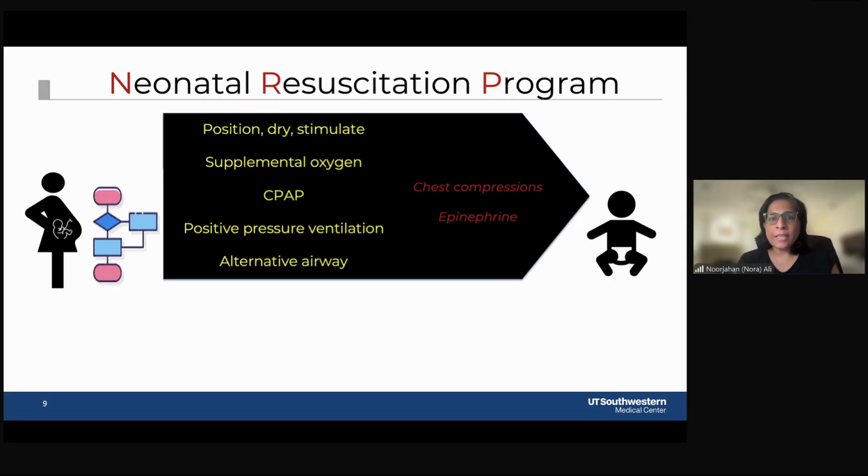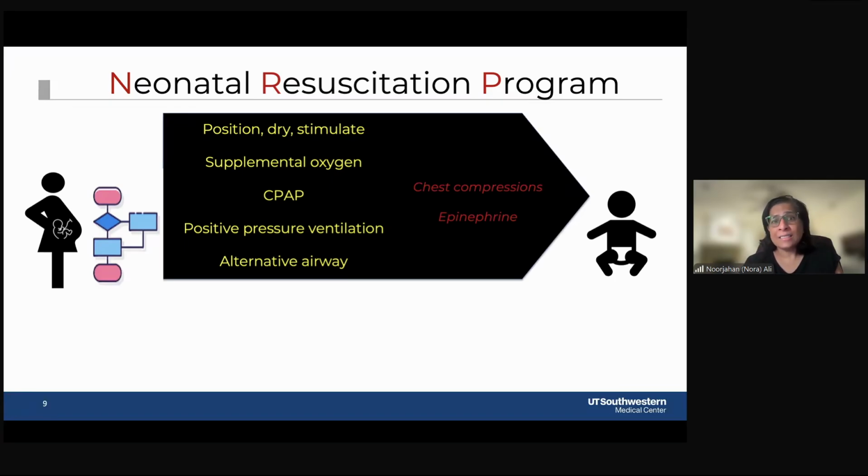So the initial steps are positioning, drying, stimulating, providing supplemental oxygen, if need be CPAP, or in cases where the drive is not that great, positive pressure ventilation, and in extreme cases, alternative airways such as intubation or LMAs. Very rarely, if you look at the delivery room, about 10% of births in the US need some kind of help making this transition.